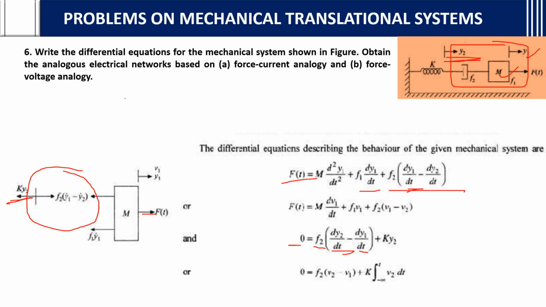We can also write it in terms of velocity: F1 v1 plus F2 into v1 minus v2, and in the same way F2 into v2 minus v1 plus K times the integral from minus infinity to t of v2 dt. This is how you need to write the differential equations. Keep this in mind and don't forget to consider that element also. If that is not considered, your equation will be wrong.